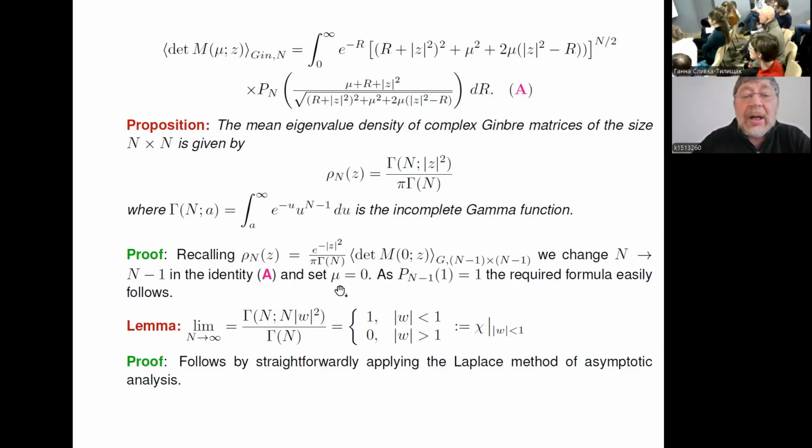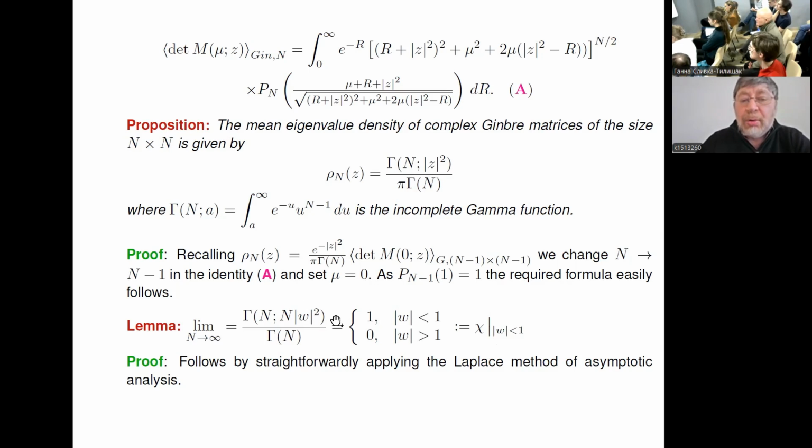And indeed, if we apply this scaling, then one notices that, it should, again, its misprint, there should be no equality here, just the limiting value of this ratio is 1 if modulus of w is smaller than 1, and 0 if modulus of w is larger than 1. When considering this limit, I assume that w is a fixed variable. So this I call the characteristic function of the disk.